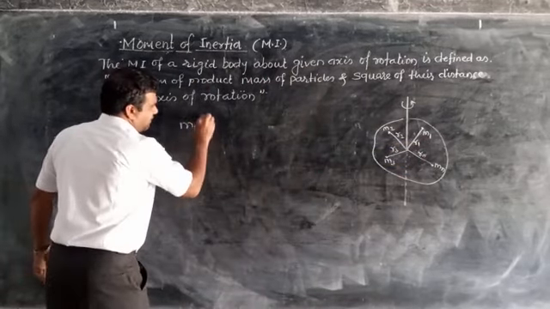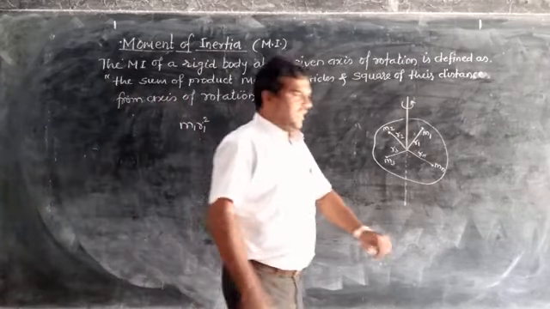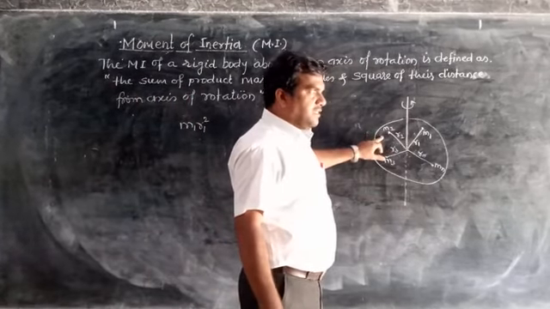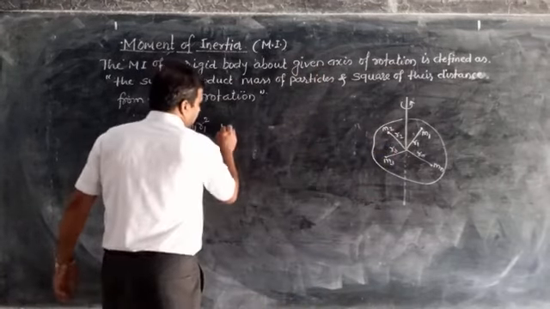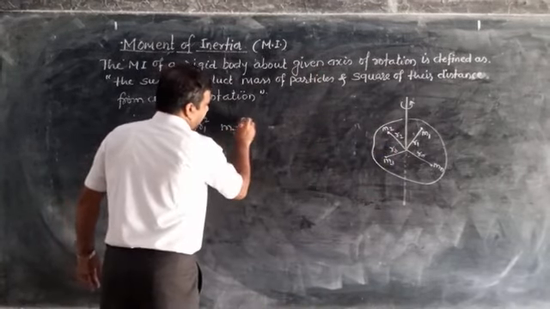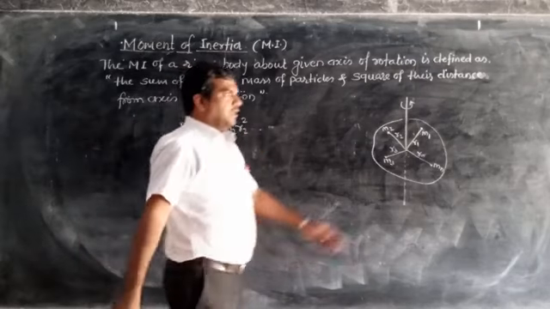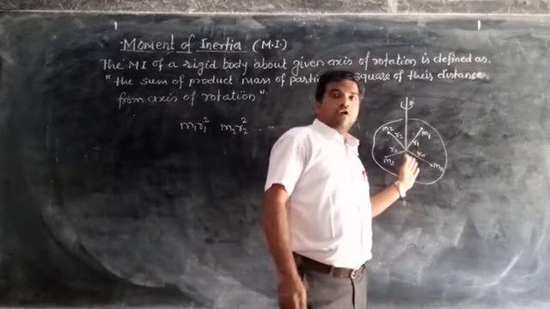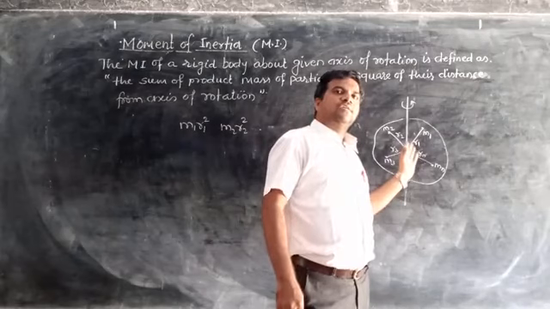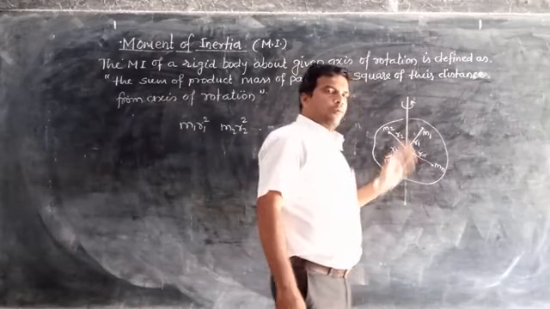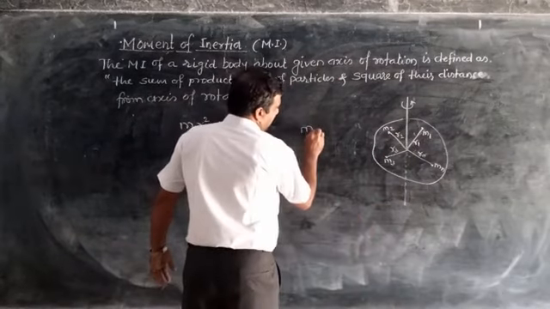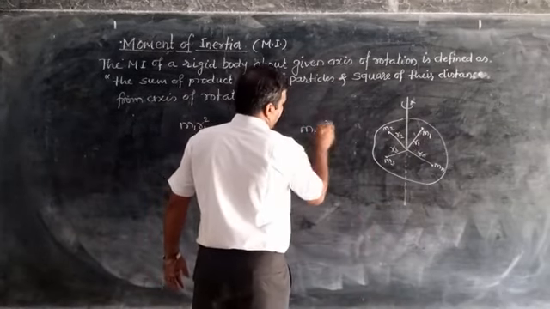For the second particle, the product is m2 r2 square. Similarly, for the nth particle, the product is mn rn square.